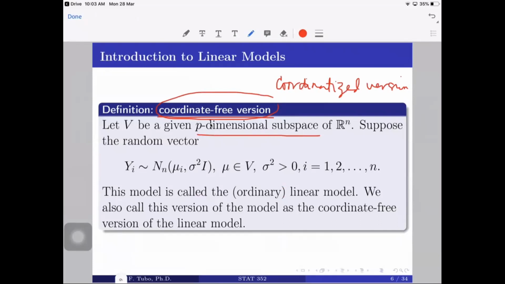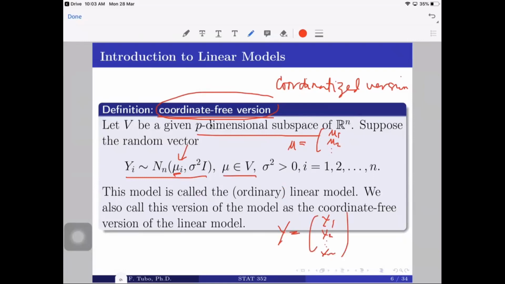Suppose that the random vector y is normally distributed with mean mu i. Of course, your mean vector mu is composed of mu i's, so each one of your y's will have its corresponding mu i.